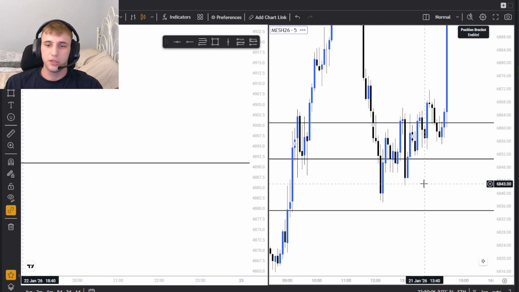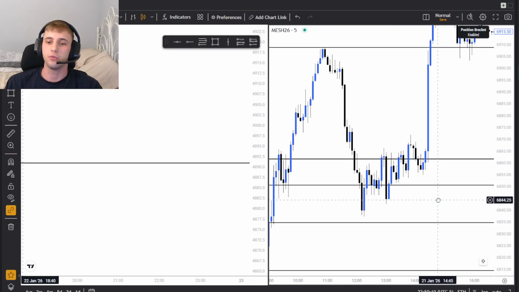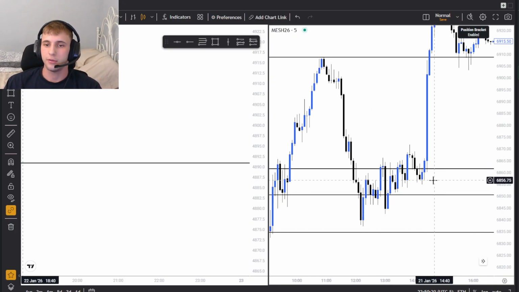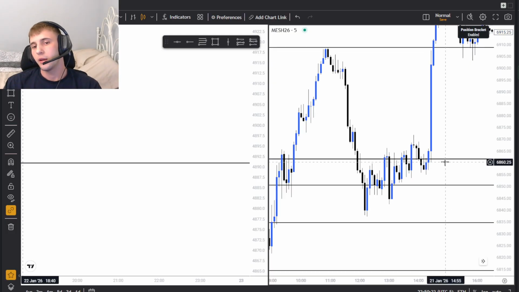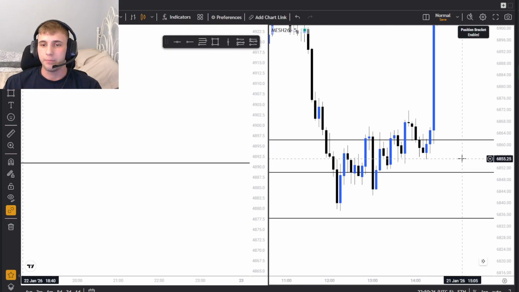So we want to use high time frame retracements into equilibrium in terms of an entry, and we'll go over that in future videos. We want to stack confluences. What do I mean by that?